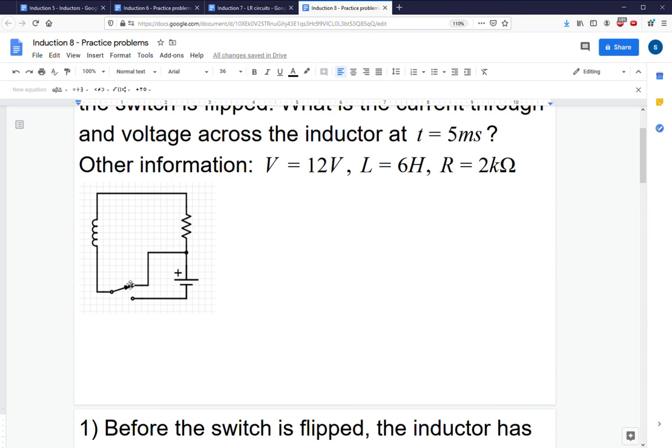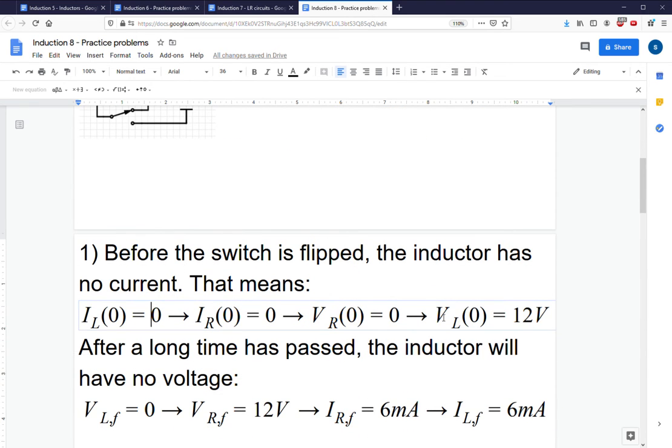But recall this time the switch has been flipped, so we are including the battery, which means a rise of 12 volts. Nothing happens through that resistor because there's no current in it, which means there needs to be a drop of 12 volts across this inductor. So the initial voltage of the inductor is 12 volts.